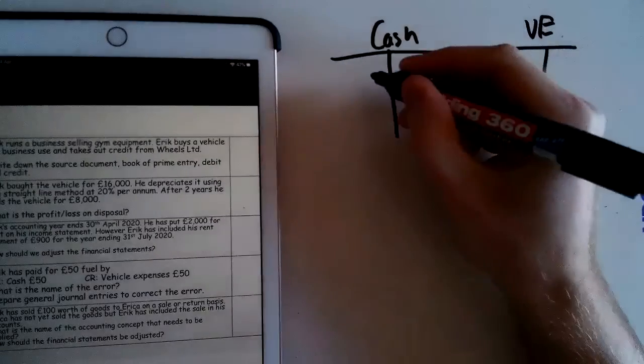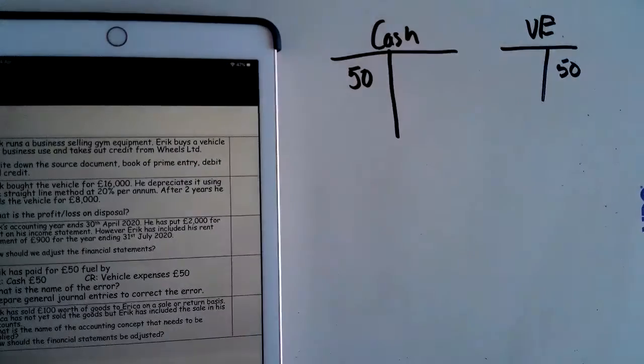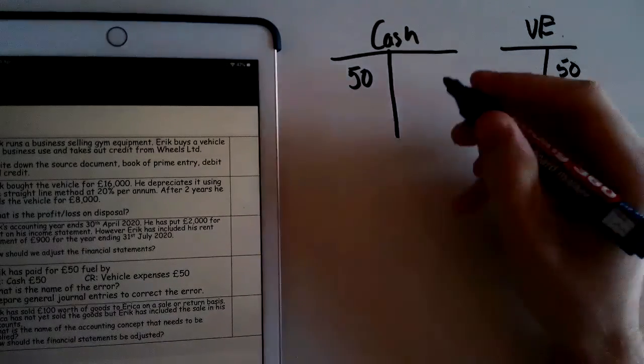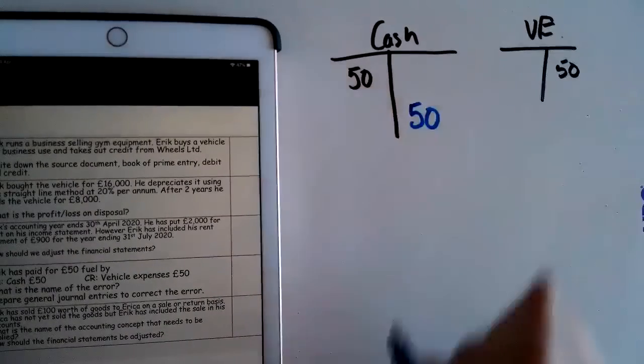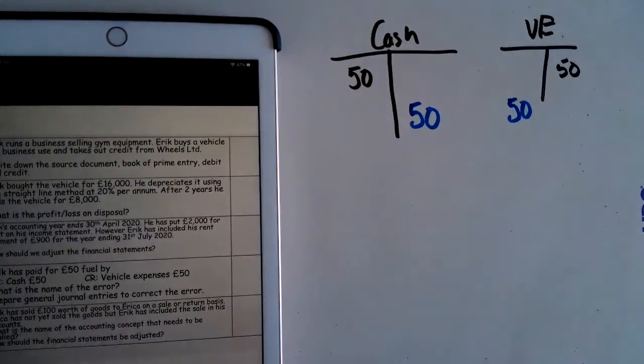So he's debited cash for 50, and he's credited vehicle expenses for 50. We look at how it should look. So cash, if we pay for something, that's on the credit side of our cash because money's going out, and it's on the debit side of our vehicle expenses because vehicle expenses is an expense, and that's a debit account.